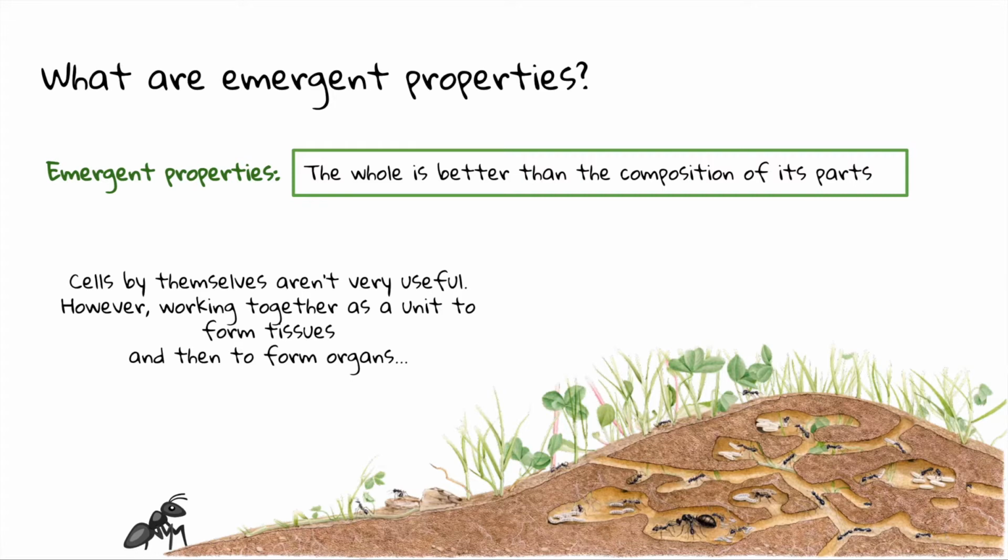So basically, this is kind of like a metaphor for emergent properties. A single cell on its own isn't very useful, but as a whole it is, and the functions that arise from the whole composition, the whole structure, are known as emergent properties.